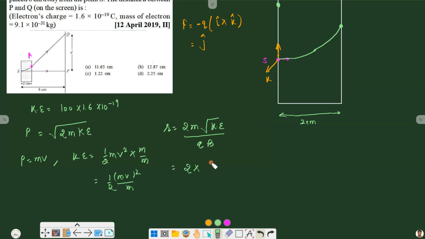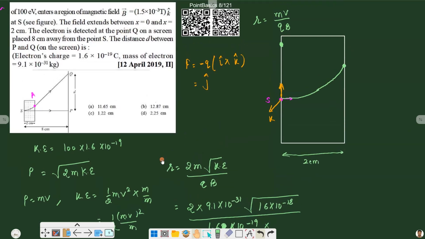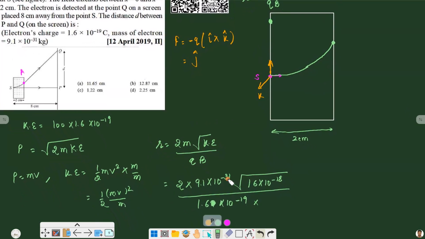The mass of the electron is 9.1 into 10 raised to power minus 31, and under root, the kinetic energy is 1.6 into 10 raised to power minus 17, or we can write it as 16 into 10 raised to power minus 18, so that the square root becomes easy, divided by the charge 1.6 into 10 raised to power minus 19, and the magnetic field we have is 1.5 into 10 raised to power minus 3.